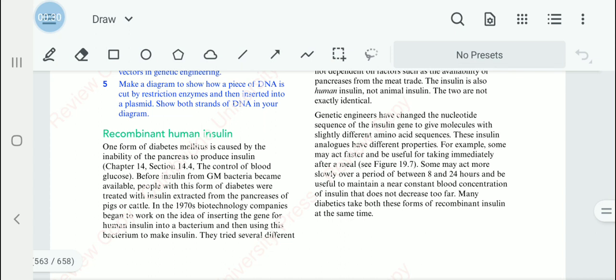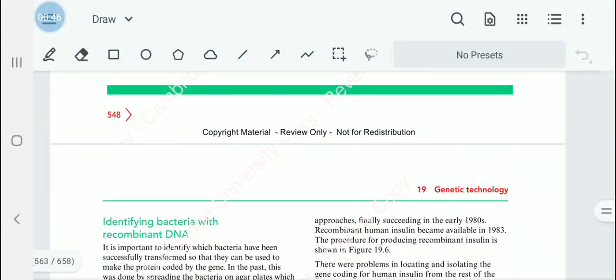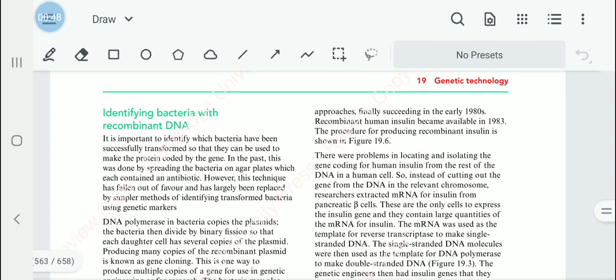Before genetically modified bacteria became available, people had to extract insulin from the pancreas of cattle or pigs. But in the 1980s, they carried out different tests on this genetic engineering, and by 1983, recombinant human insulin became available.